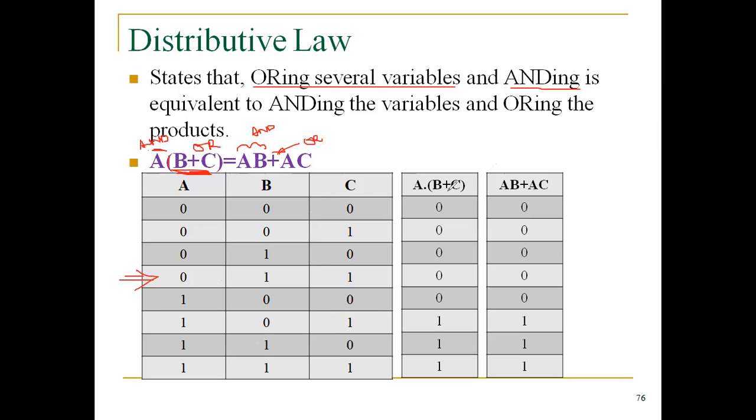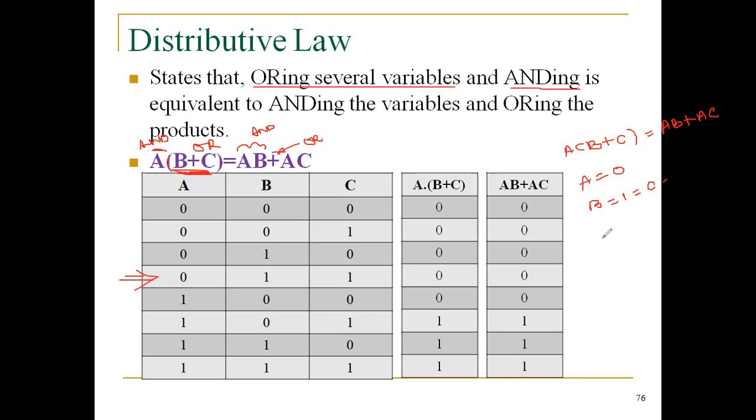Then A dot (B plus C) equals AB plus AC. So the sample variables are A equal to 0, B equal to 1, and C is also 1.